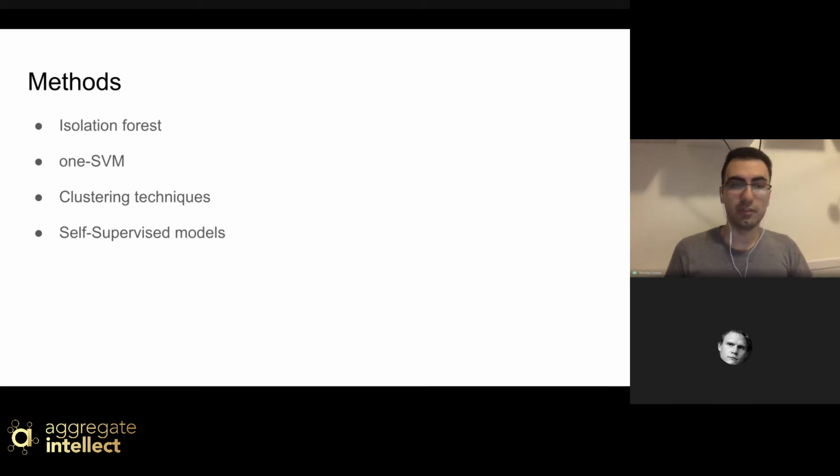The third one is clustering techniques; we will see how clustering can be helpful here. And lastly, I will talk about self-supervised models, that new concept, and how we can use it to learn our data and then be able to say what is not normal in your data set.